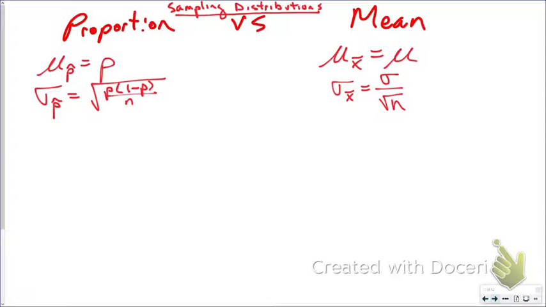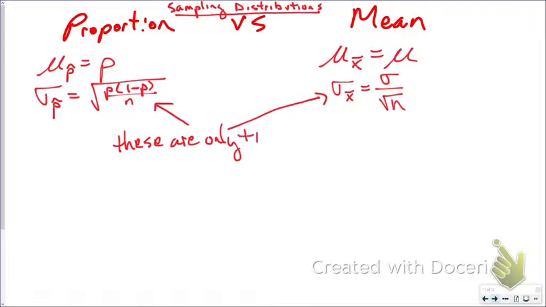Something that's true for both of these standard deviations: they are only true if n is smaller than 10% of the population.